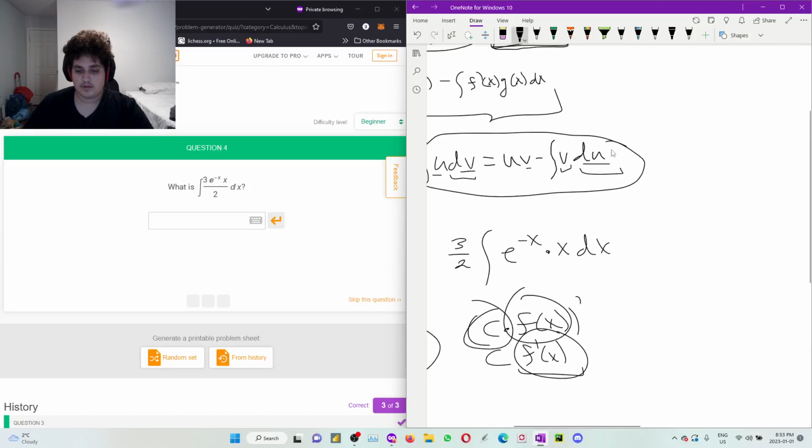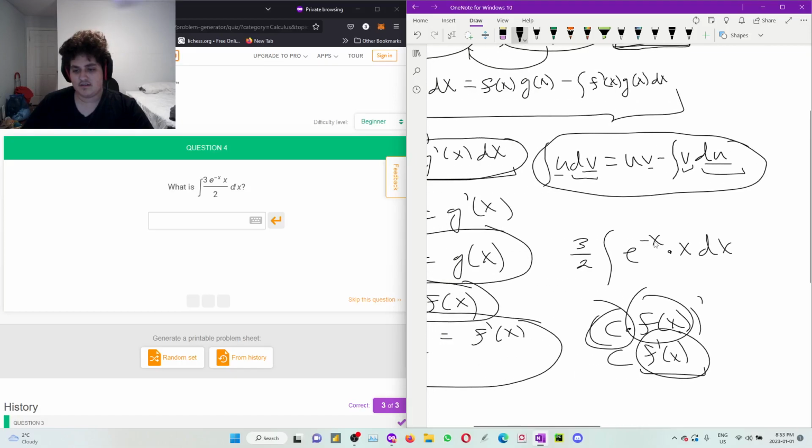I think e to the minus x is probably easier to integrate than x, right? Because differentiating or integrating e to the minus x doesn't really change much about it.